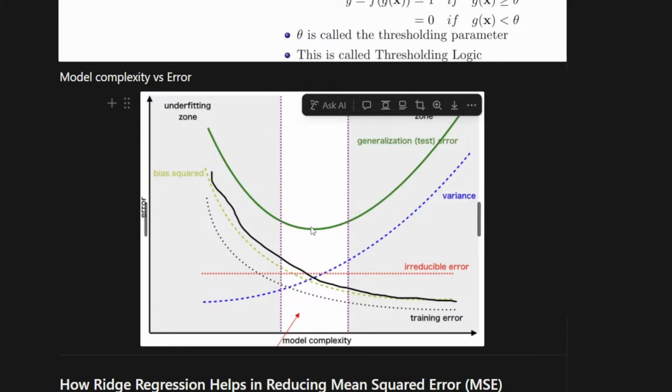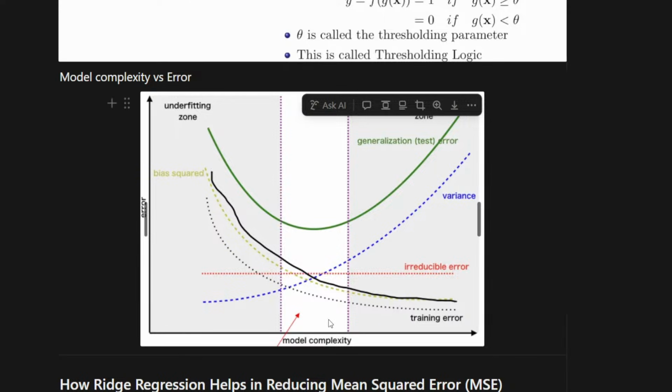So you have to find a sweet spot that is neither underfitting nor overfitting. We call it the underfitting zone when the bias is large, and if the variance is large, we call it the overfitting zone. So we need to find a zone that is neither underfitting nor overfitting.